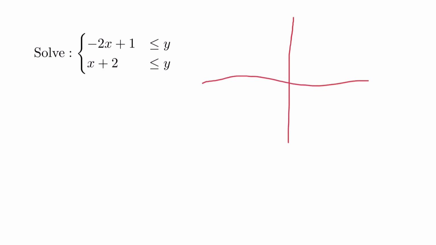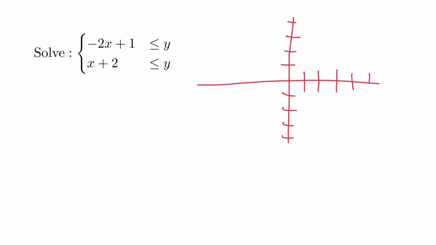Here I have the inequality minus 2x plus 1 should be less than or equal to y, and x plus 2 should be less than or equal to y. So let's plot y equals negative 2x plus 1. I'll do that in green.